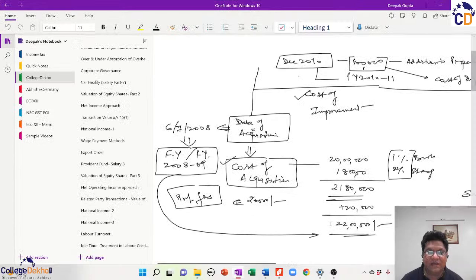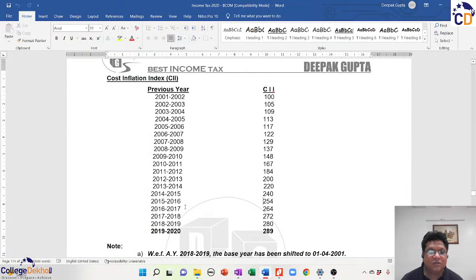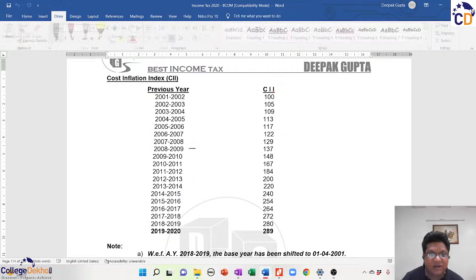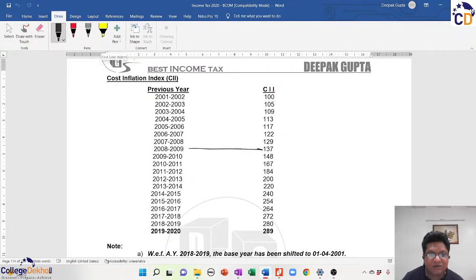So if we see the index rates from here, for the previous year 8-9, the CII is 137, and for the previous year 10-11 the CII is 167, and the latest updation for the year 2021-22 is 317, it was 307.